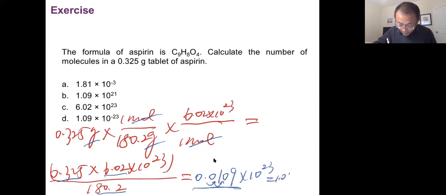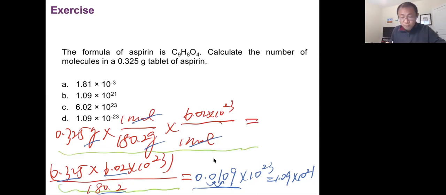You get 1.09 times 10 to the 21st because you need to decrease the exponent by 2 when you move it to the right. Anyway, whichever way works for you in the calculator, you still need the final answer to get the last 10% of credit and get full credit. But like I said, if you show me the green underlined part, you already got 90% of the credit.